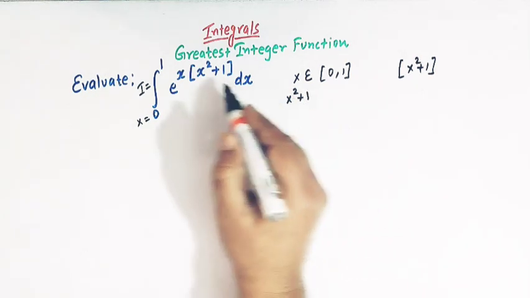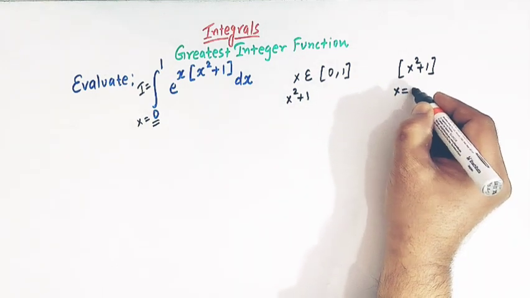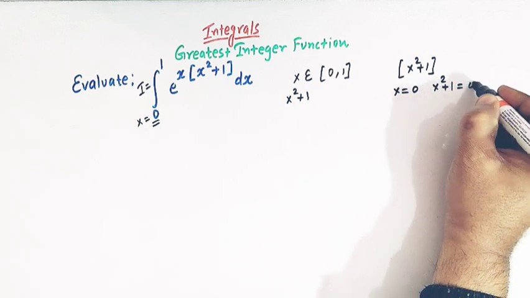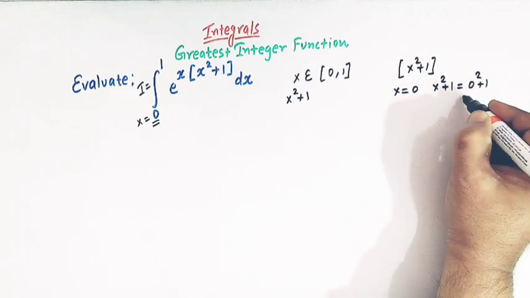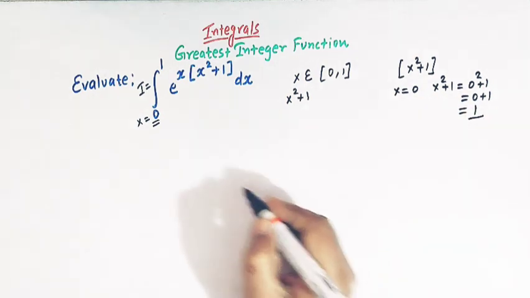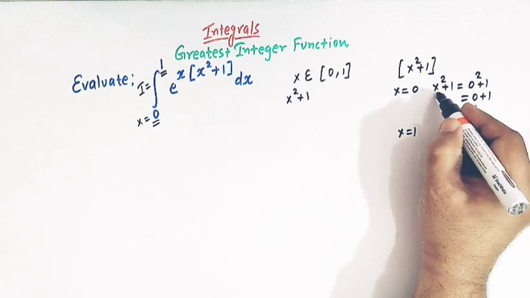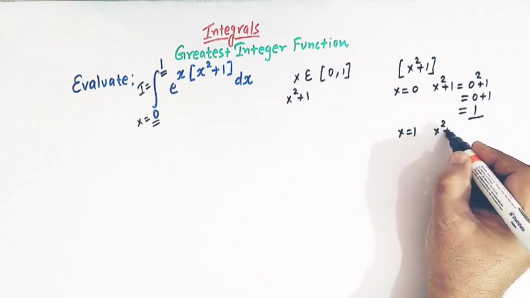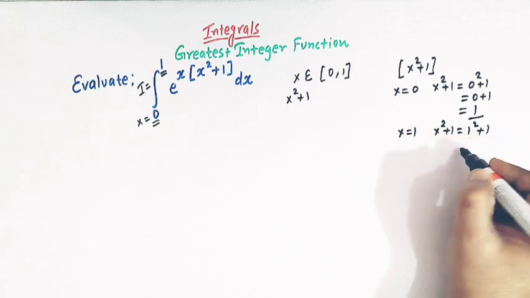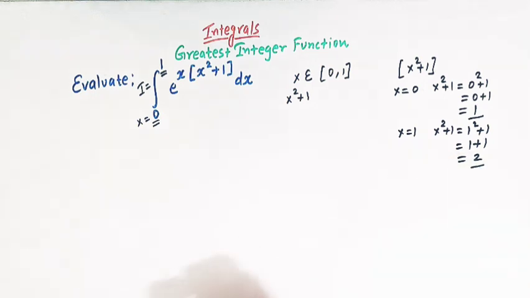When x is equal to 0, the value of x square plus 1 is 0 square plus 1, that is 1. And when x is equal to 1, the value is 1 square plus 1, that is 2.